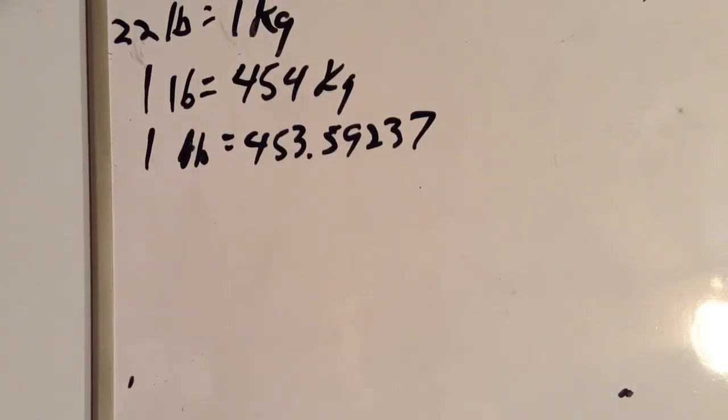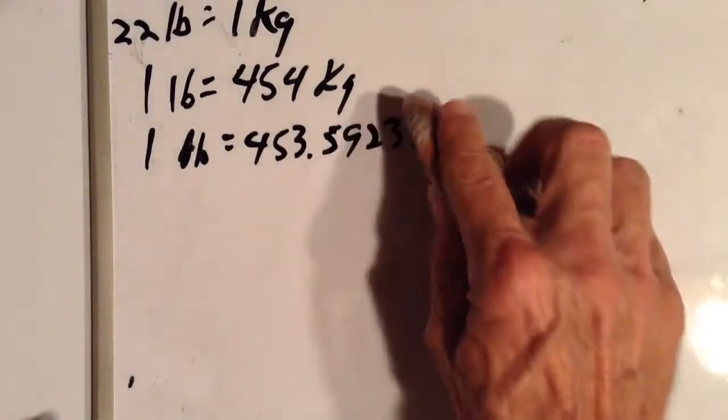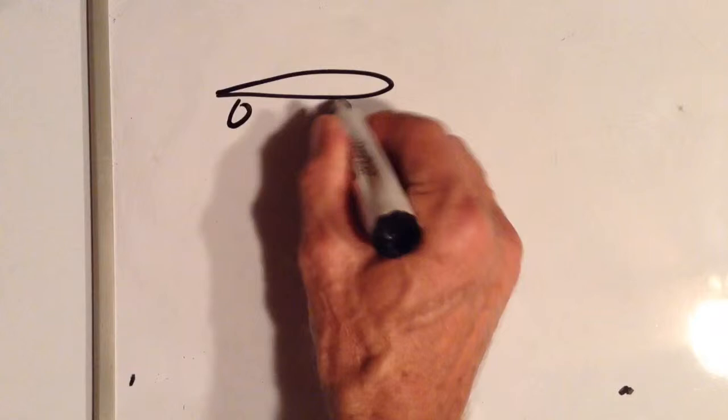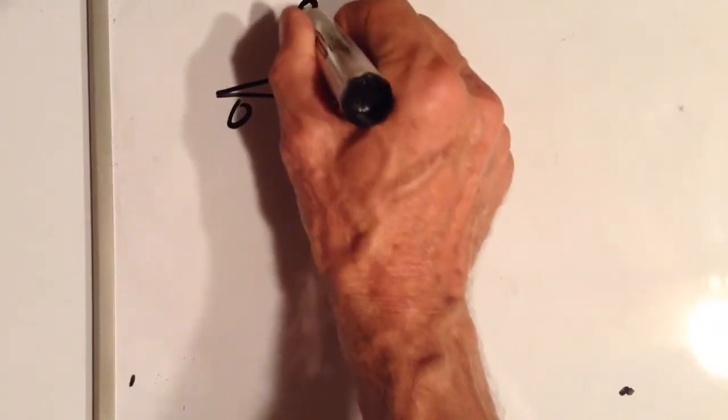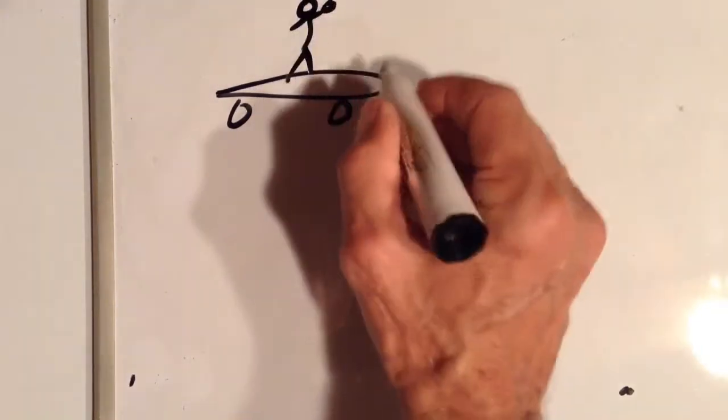Let's take a look at a guy throwing a baseball and standing on a skateboard. Here's a skateboard, and here's the wheels, and here he is standing on it, and he's got a baseball.